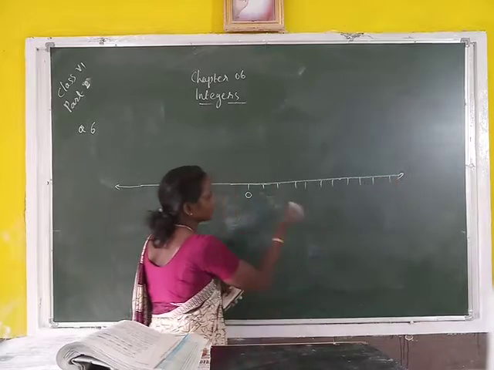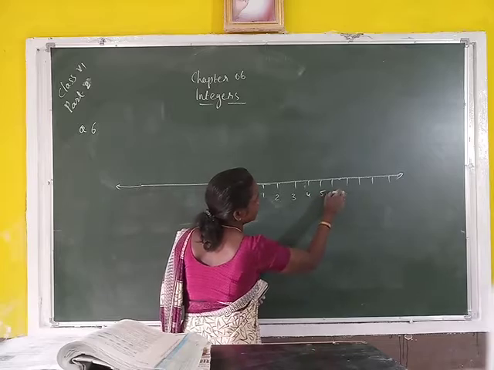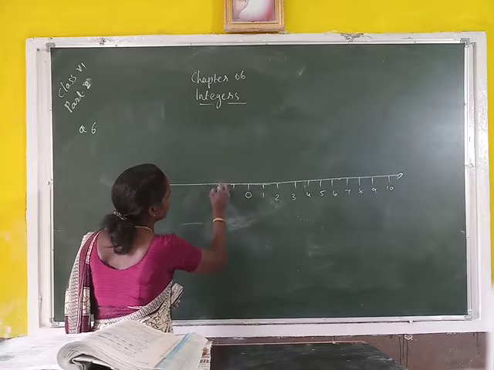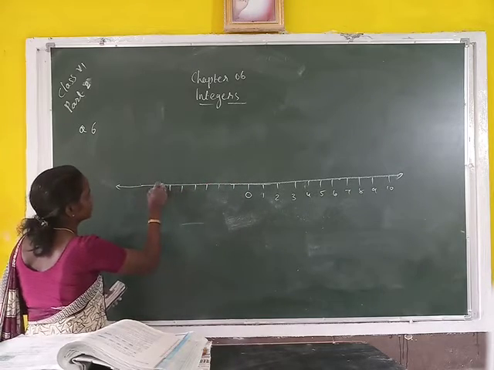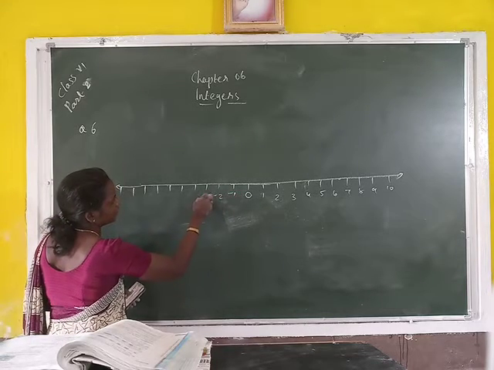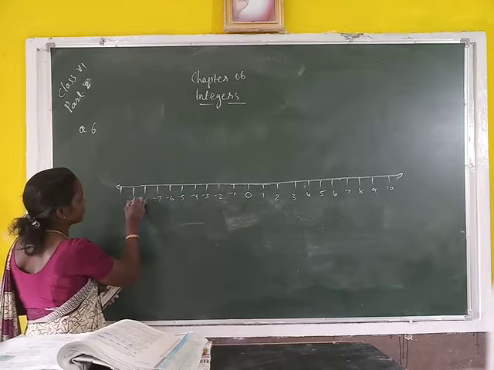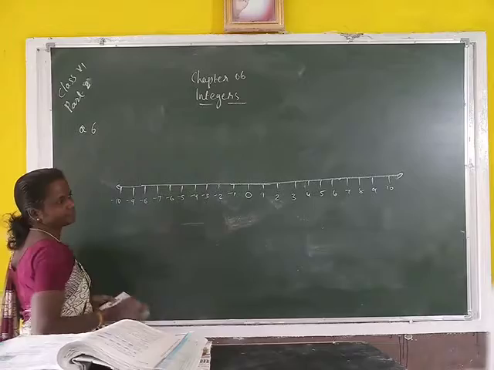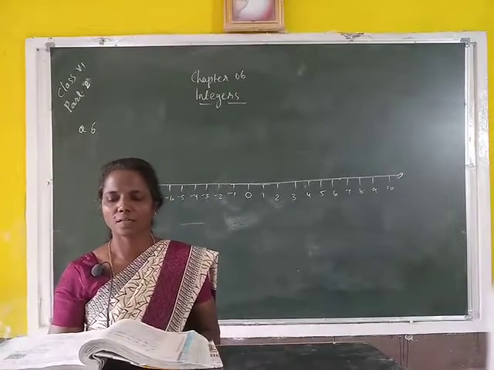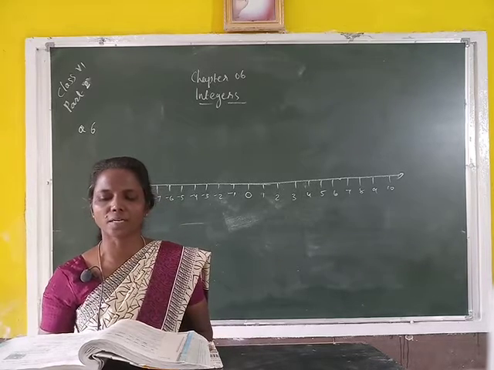Take equal distance. 1, 2, 3, 4, 5, 6, 7, 8, 9, 10. Negative 1, negative 2, negative 3, negative 4, negative 5, negative 6, negative 7, negative 8, negative 9, negative 10.